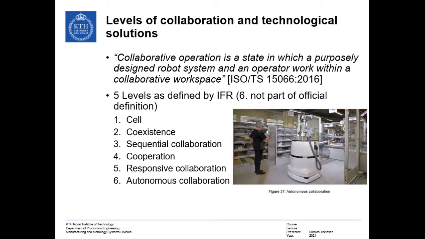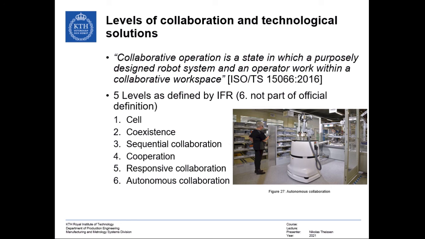Then there are industrial manufacturers and scientists who propose to add the term autonomous collaboration as the 6th level to it, for industrial manipulators that possess the ability to change the origin of their base coordinate system in an autonomous manner, meaning that those are usually mounted on an automated guided vehicle, in which case the protective separation distance becomes more important.